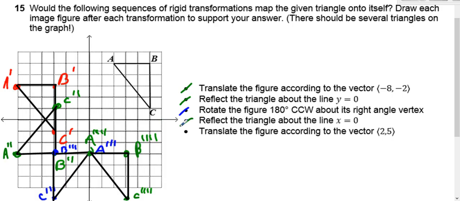And then translate the figure according to the vector 2, 5. So we're going right 2, up 5.